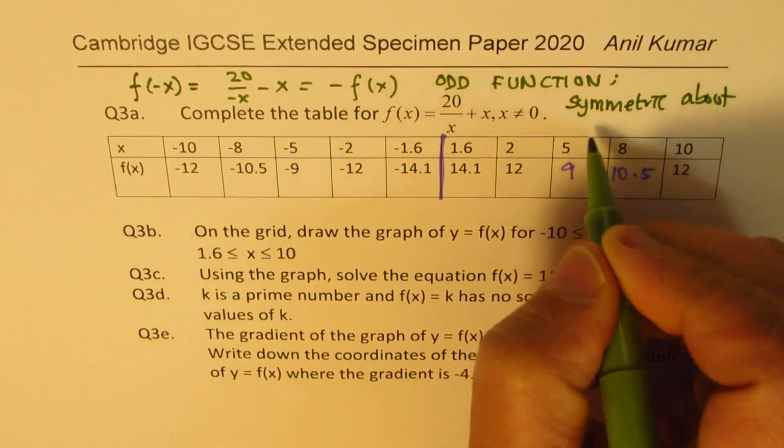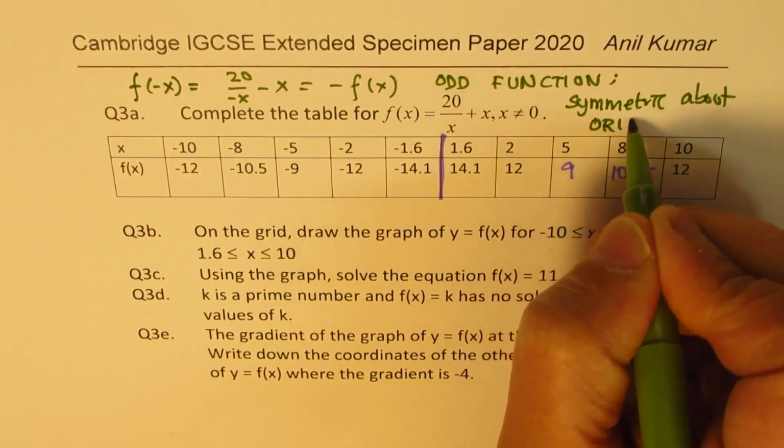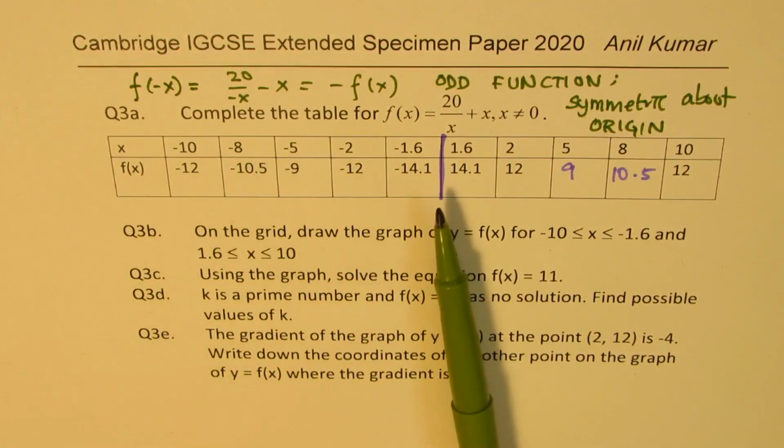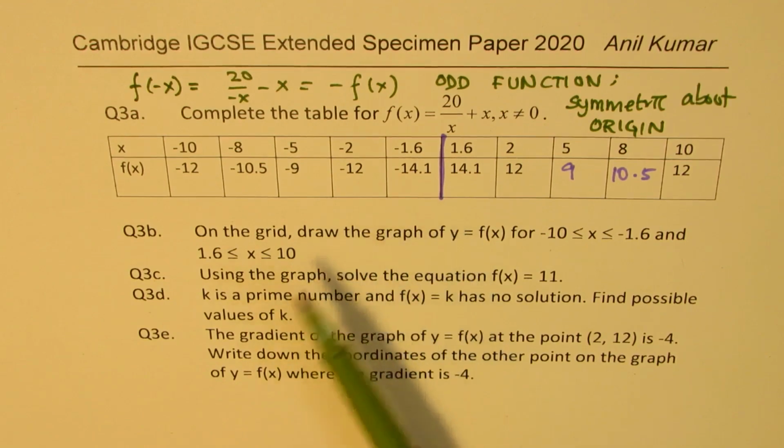Now that helps to sketch. And that is why I'm taking a minute here to explain the concept. If you catch on this, then half of the graph can be just reflected, made symmetric about the origin, and you're going to save lot and lot of time. Makes sense, correct? Okay.